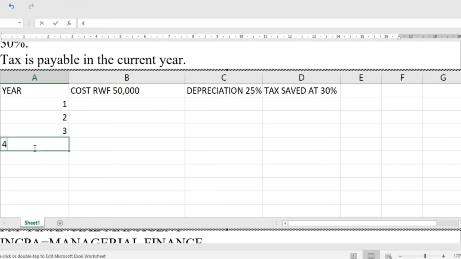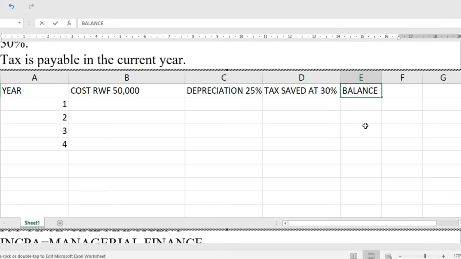The useful life of our machine is 4 years. First of all, we need to know the balance, and we put the balance here.